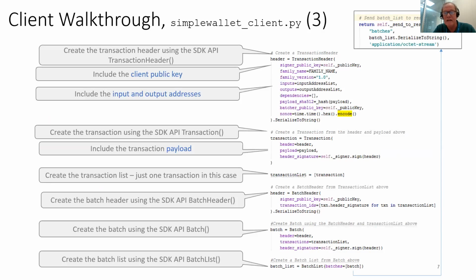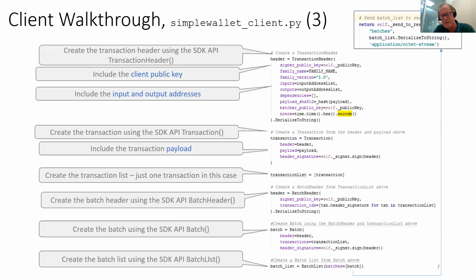That means both the header and the payload itself cannot be altered without modifying the signature value. So we add this to the transaction list, and the transaction is put in a batch header.